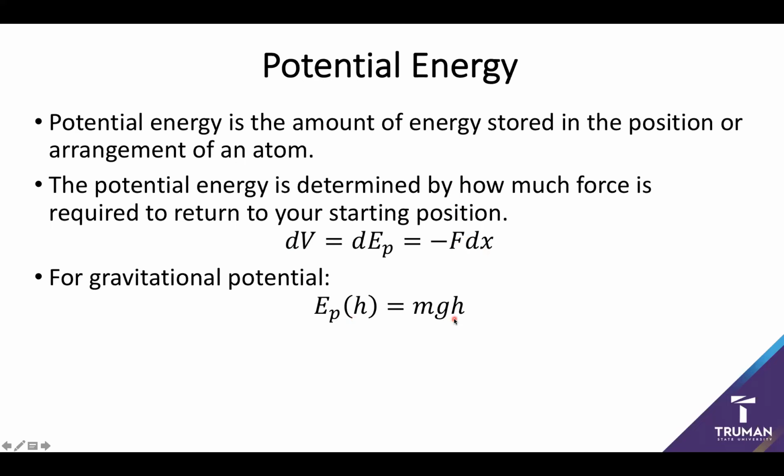Because if I go ahead and lift a bowling ball, say 1 meter, then I'm going to have to expend some amount of energy to change the potential energy of that bowling ball. And the opposing force I'm acting against is going to be the mass of the bowling ball as acted upon by gravity. So when we're talking about positional energy, this is going to be kind of our go-to, and we'll use this equation on and off.